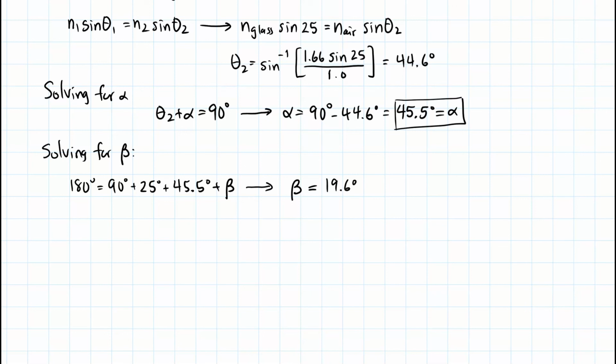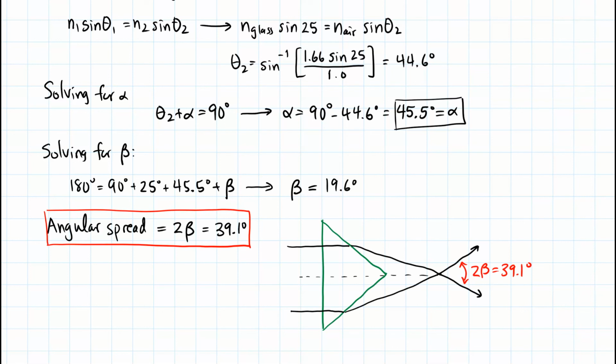Therefore, the angular spread of the beam, with the angular spread of 2 beta, we get 39.1 degrees. That is, as ray 1 and ray 2 diverge after crossing, this width between these two is 39.1 degrees.